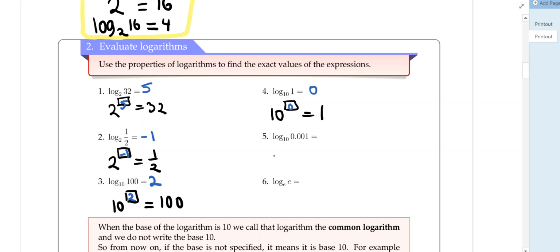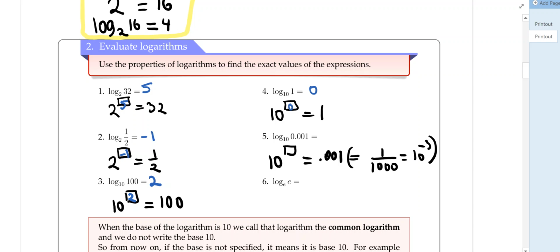For number 5, the base is 10. So 10 to what power gives me 0.001? Well, I can write 0.001 as 1 over 1,000. And in exponent notation, this is 10 to the negative 3.